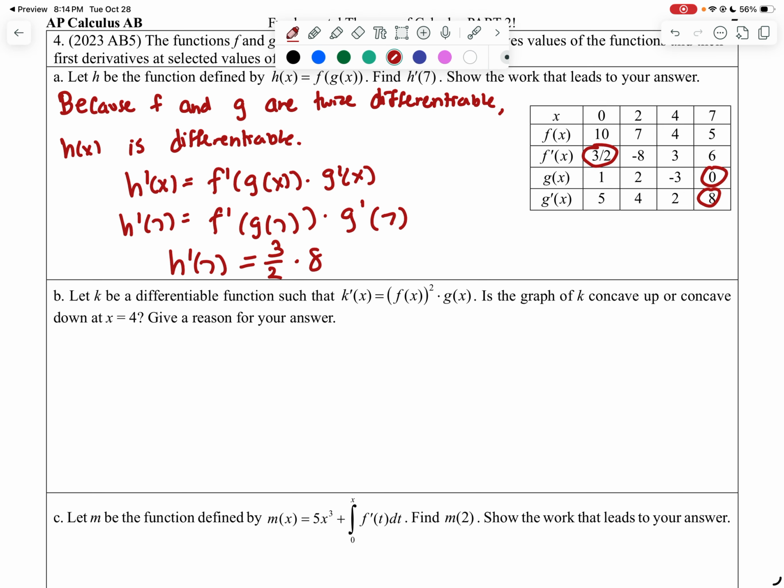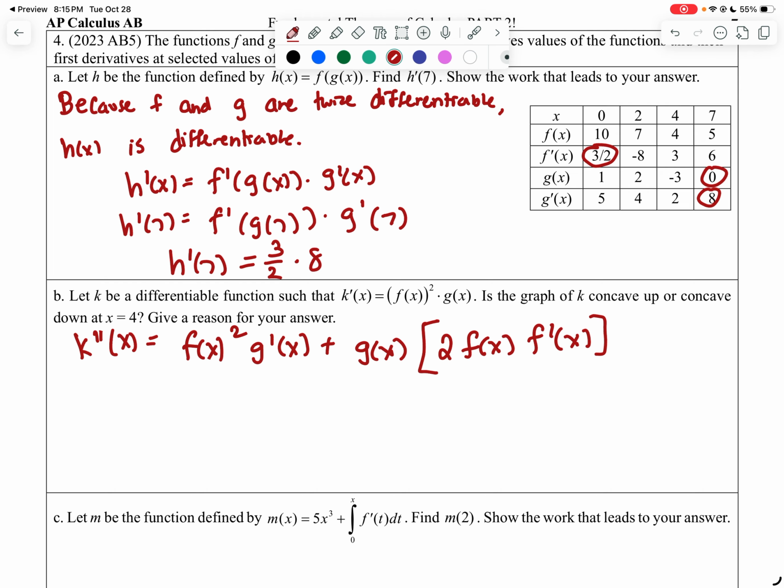The second derivative is going to require a little bit of product rule and then chain rule whenever we do f of x squared right here. So we have first times the derivative of the second plus second times the derivative of the first, which becomes 2f of x, f prime of x.